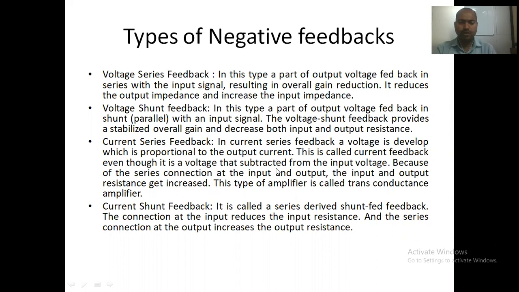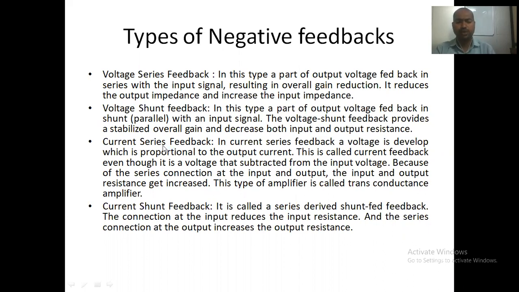Okay, so in this case, even though it is a voltage, it is subtracted from the input voltage. The output coming across the current series type of feedback is basically a voltage. It should be converted to a current, and then subtracted from your voltage, and again converted to a voltage. So in current series feedback, the input coming is a voltage, and the output coming across your current series feedback is also a current.